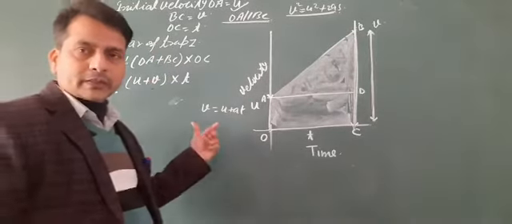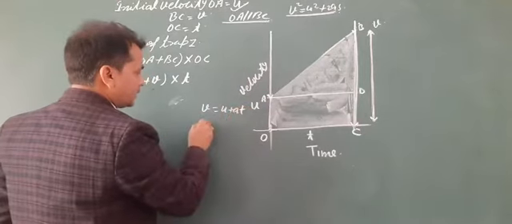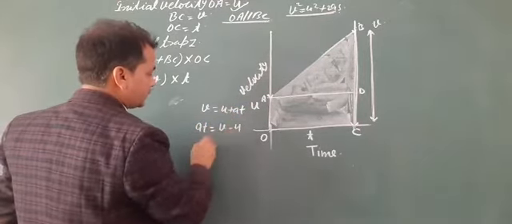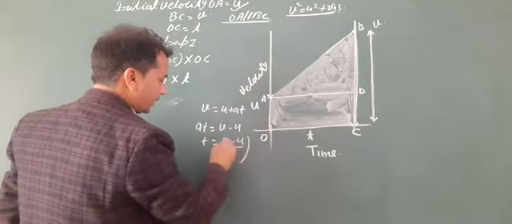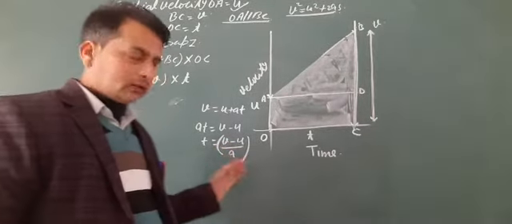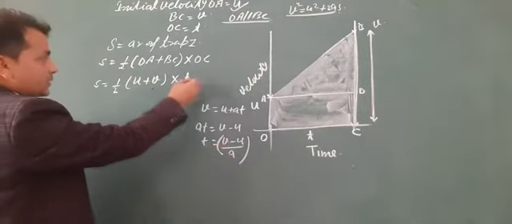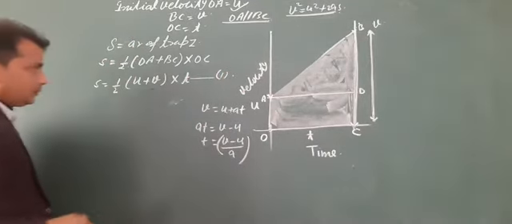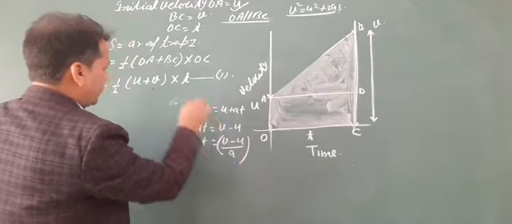In this equation, transpose U: AT equal to V minus U, and T equal to V minus U by A. So put the value of T equal to V minus U by A in the above equation, that is the first equation.